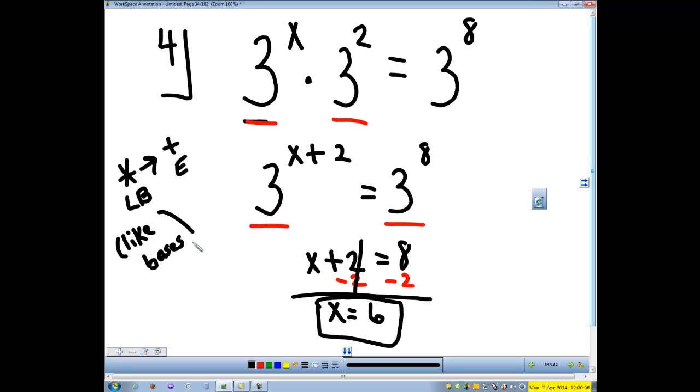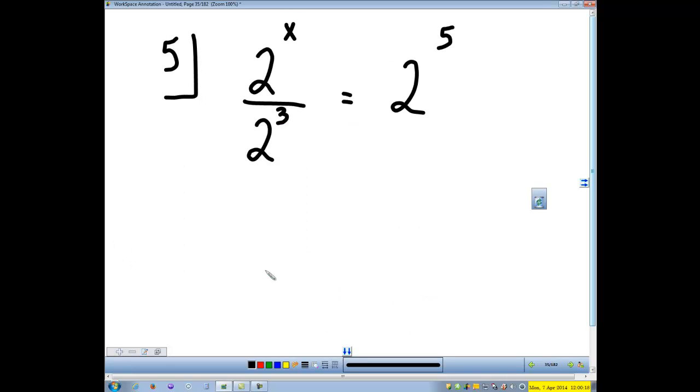I'm going to let LB be equal to like bases and E be equal to exponents. Next example. I have two bases again on the left side, and I need to simplify it to one base. Using the exponent rule that says when you divide like bases, subtract the exponents and the base stays the same.